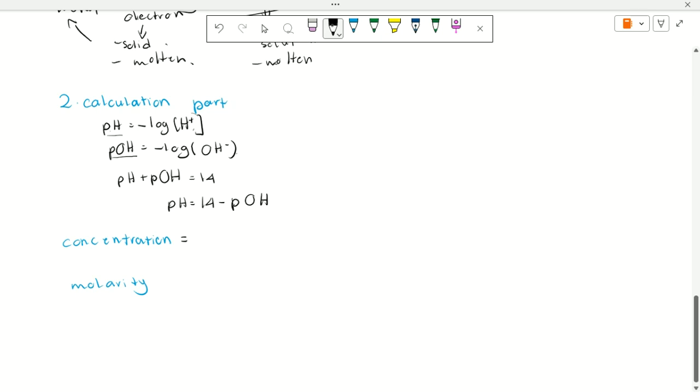This is mass of solute per volume of solution.